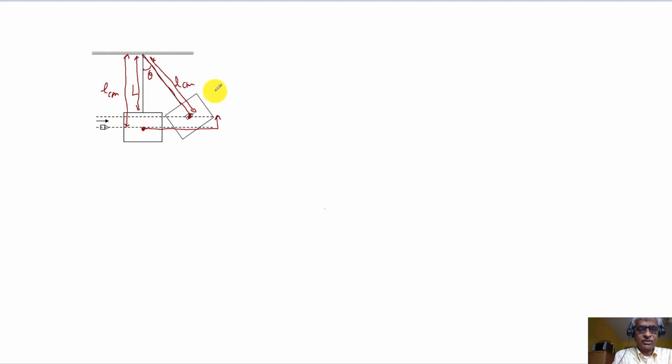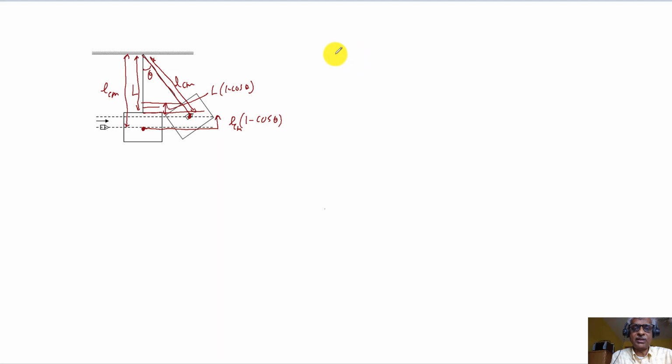So this will be L minus L_CM cosine theta. And so if I work with this distance instead, this will be big L(1 minus cosine theta).